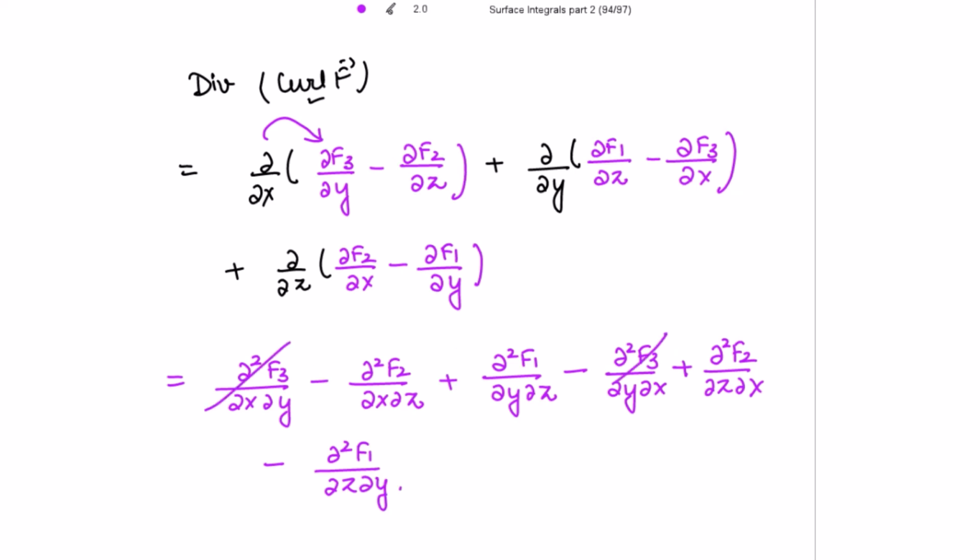So these two cancel out, and these two cancel out, and these two cancel out. So we get the divergence of curl of f vector to be 0. So this is 0. Marking this as 2.